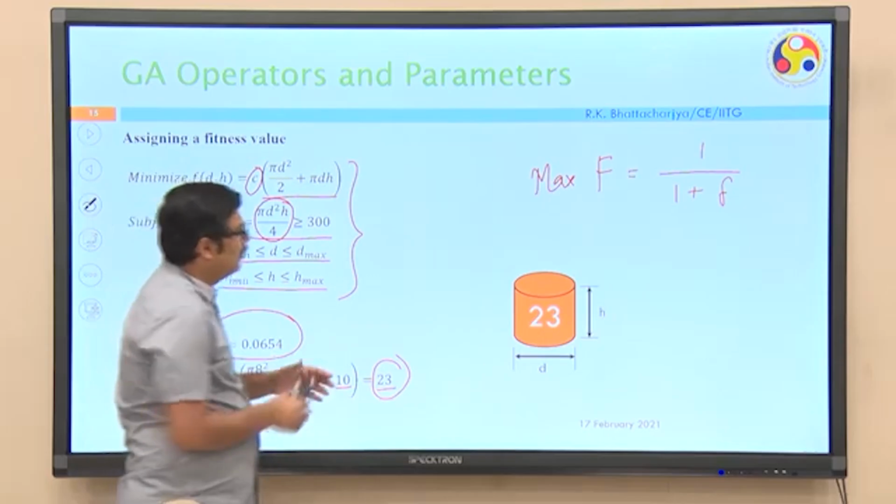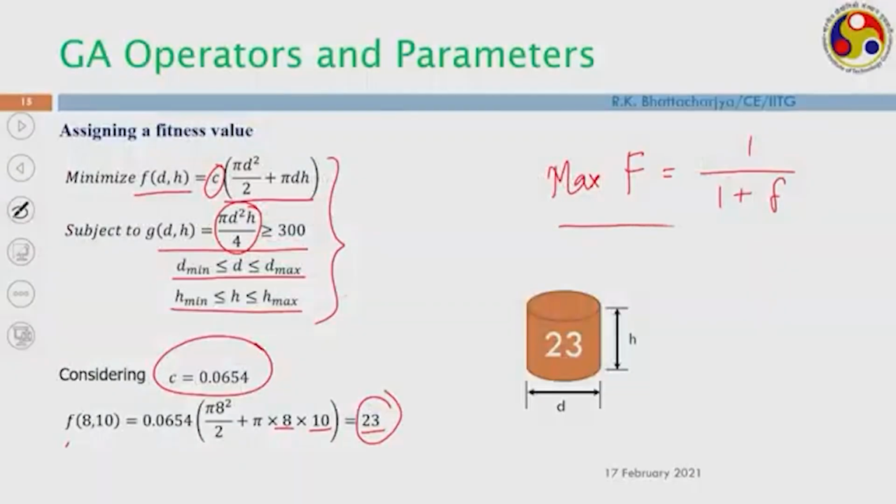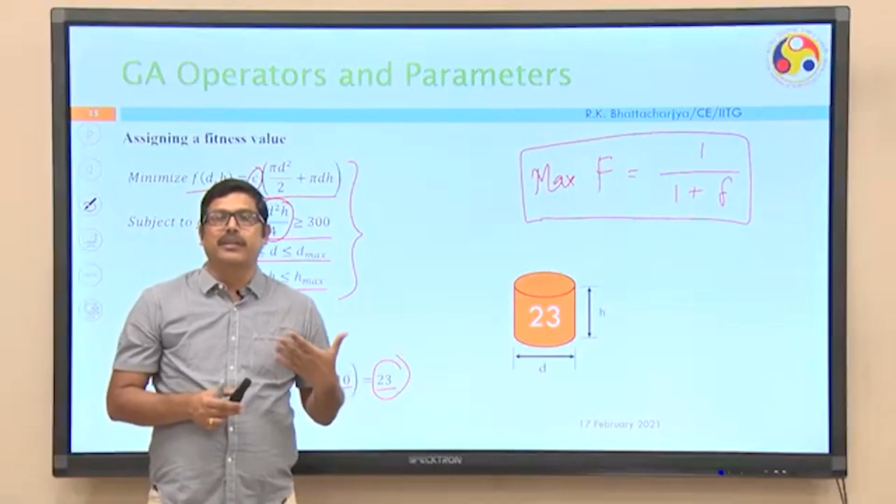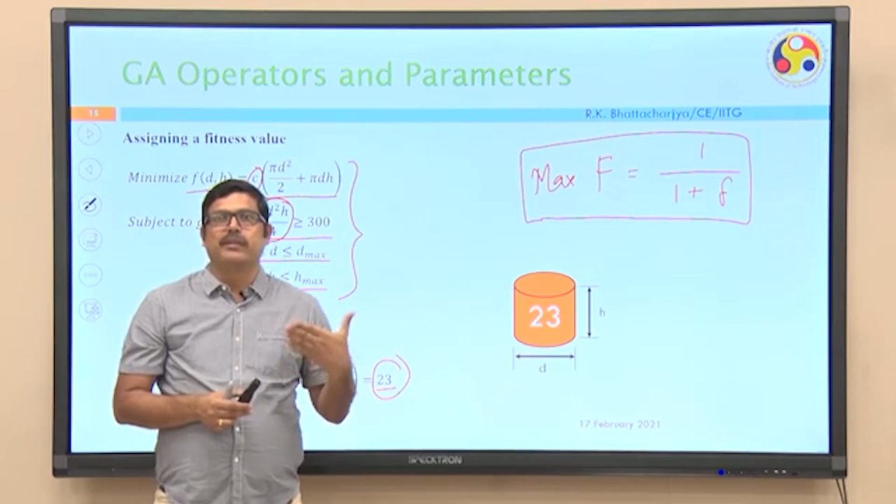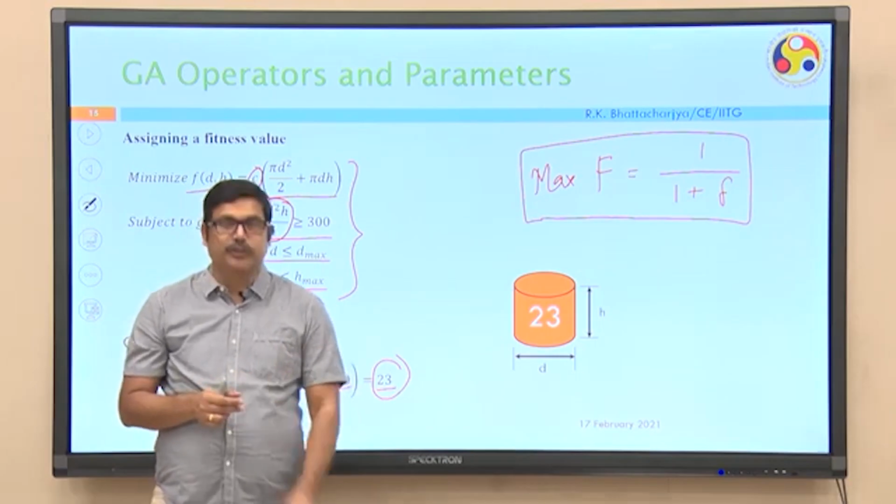I am not using it right now, but you can use this one also. I can convert a minimization problem to a maximization problem using this, but what I am doing here is trying to see this value, and if the objective function value is lesser, that means it is a better solution, and if it is more, that means it is an inferior solution.